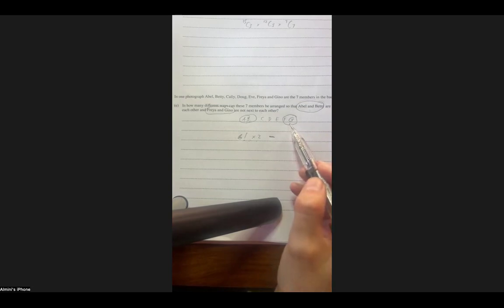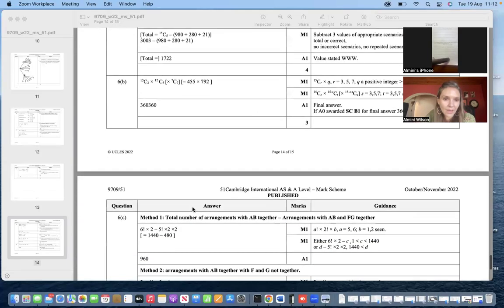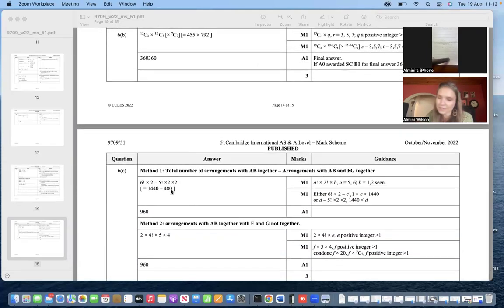How many groups do I have now? 1, 2, 3, 4, 5. 5 factorial. But they can still swap inside each pair. So I minus the scenarios where Freya and Gino are together, basically using the complement. My answer there is 960.